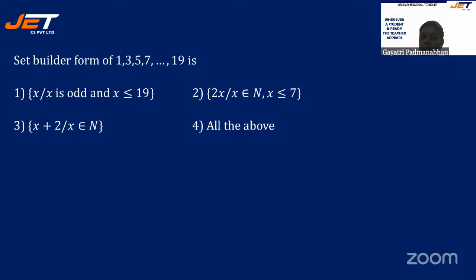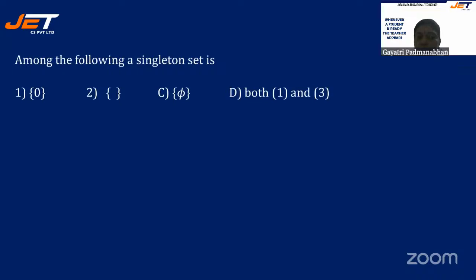The third one: x plus 2 by x, x is an element of N, or all of the above. So you have to see the set builder form of 1, 3, 5, 7 till 19. Let's see the answer. It is option 1. Anant, Lingaya, Sunita, Nitin, Zohas, almost everybody has given me the right answer. Good students.